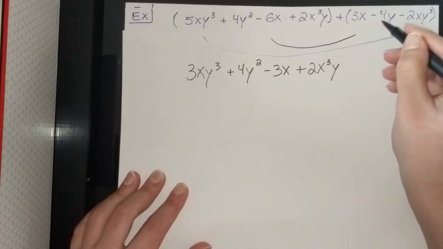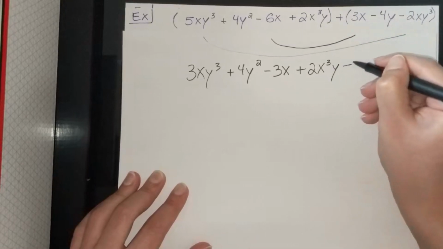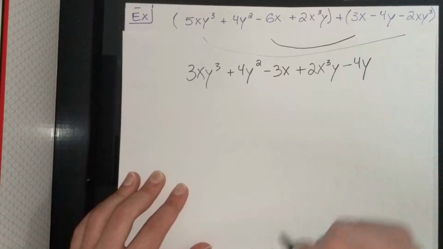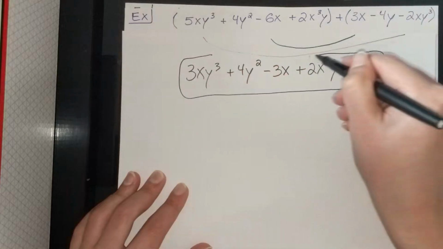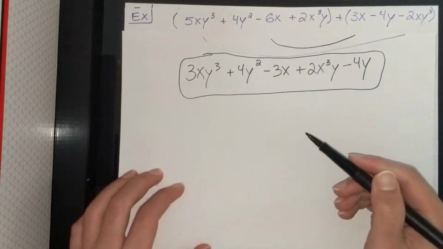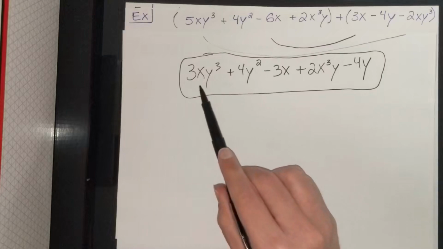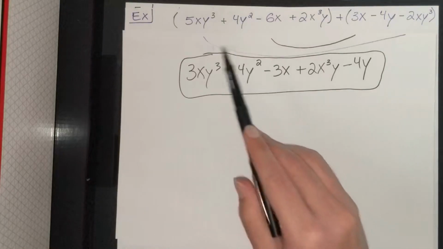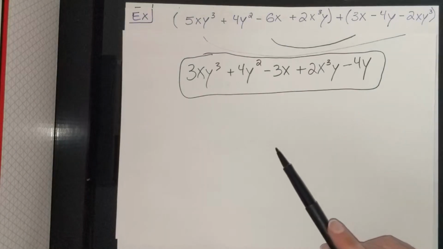And finally, we have a minus 4y that does not match up with any other term. We will copy it down, and from here, we have simplified the problem. Sometimes it will work out that the problems will not simplify very much. Notice in this case, we were only able to combine 2 pairs of like terms.